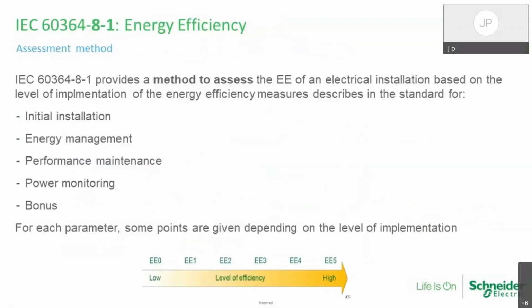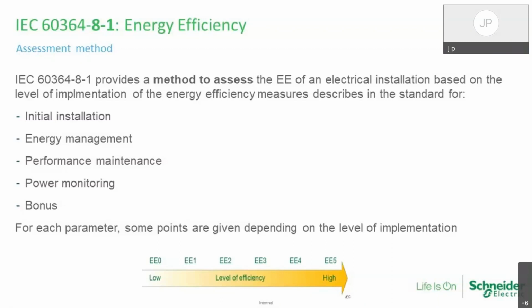And then the last thing that we have regarding this is an assessment method that we introduced in edition 2 of the standards. We have different levels of efficiency of your installation. Make sure that if you have level 3, which is reached at the beginning, at initial installation, you keep at least this level when you use your installation after 2 years, 5 years, and so on.